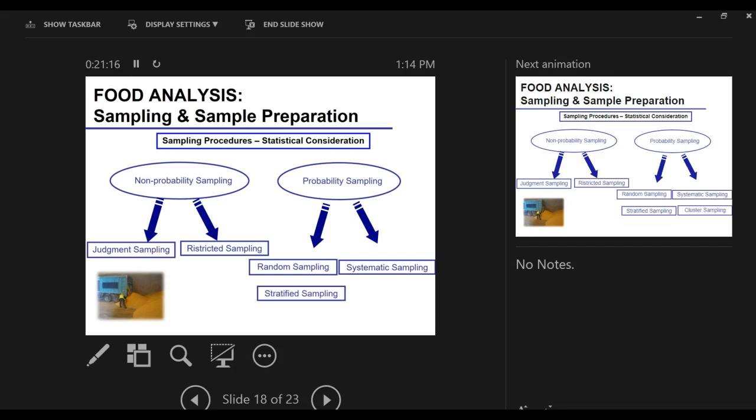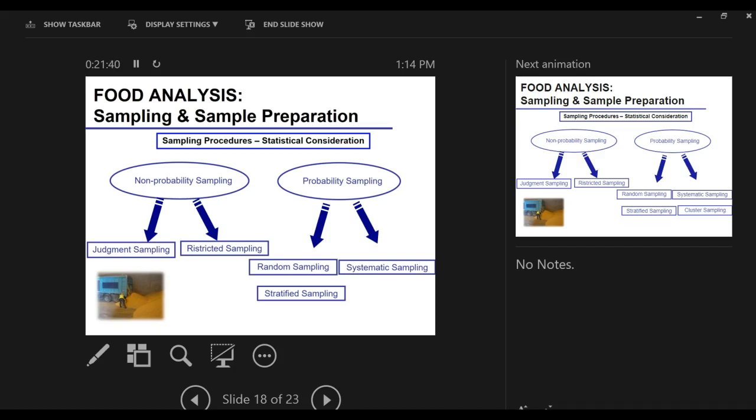Stratified sampling, this applies if it's a company and they have multiple plants. So a company is producing tomato soup, tomato paste, or what have you, and they need to test their production for consistent quality across different plants.